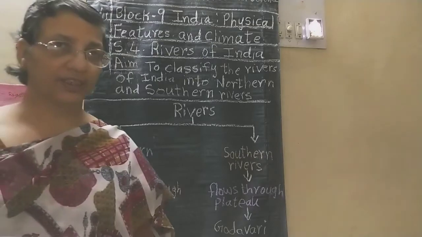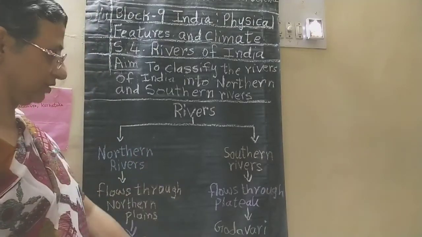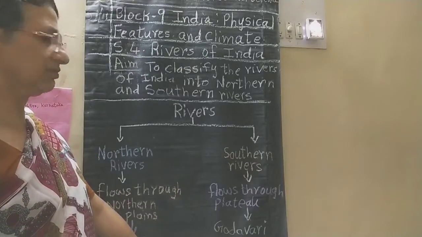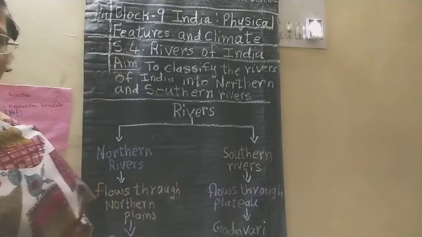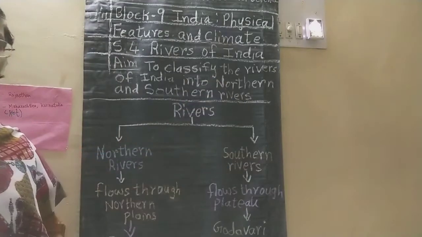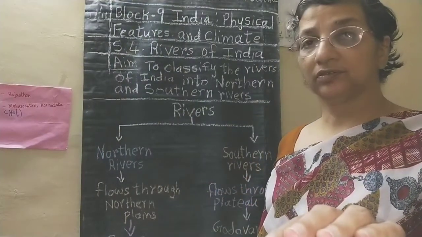So now you have understood, children. This is a chart. You can just see it one time, children. Okay. You understand?